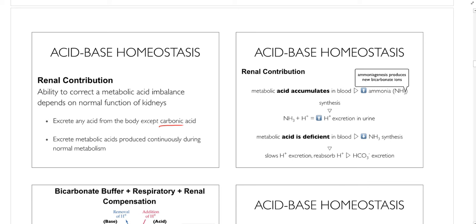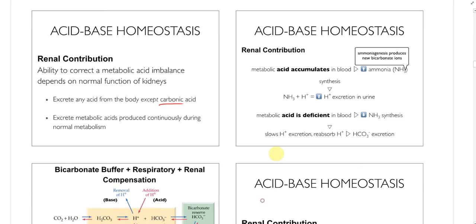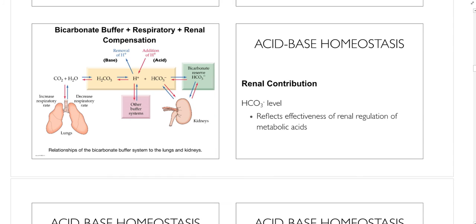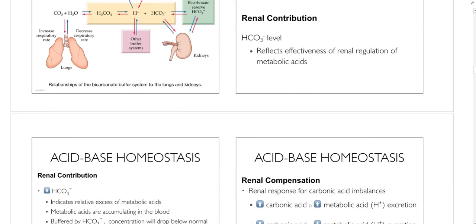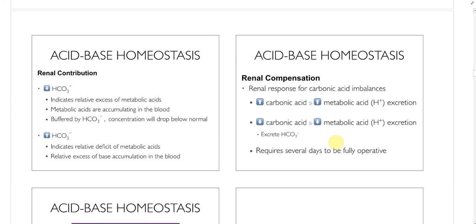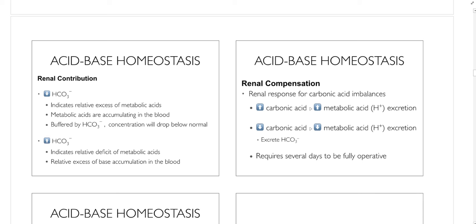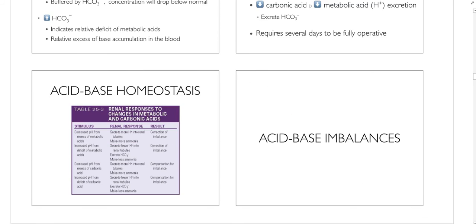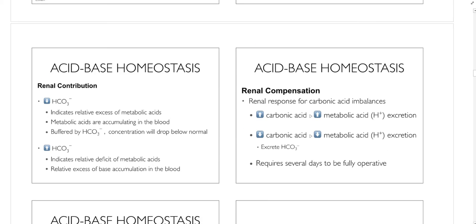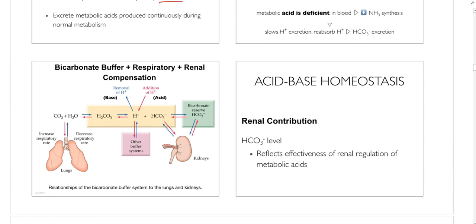And then they're also going to help by reabsorbing bicarbonate as well. We can detect how hard the kidneys are working, what they're doing, by looking at bicarbonate levels in the blood, in that ABG.